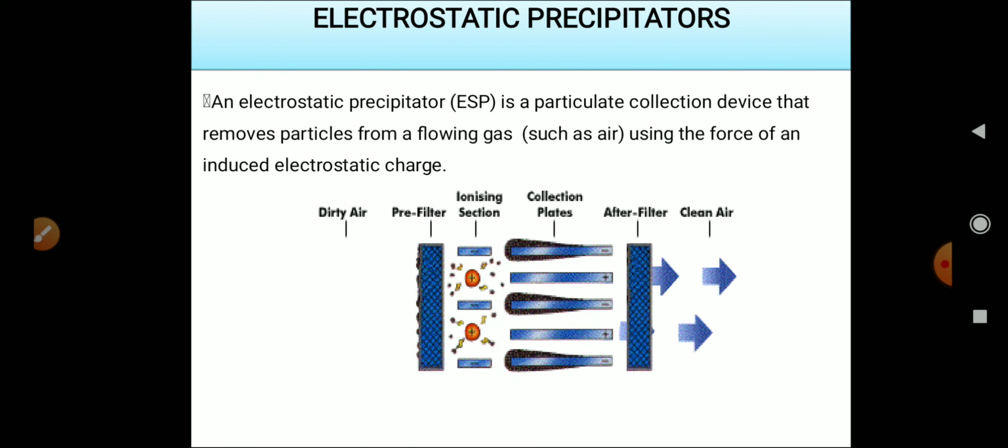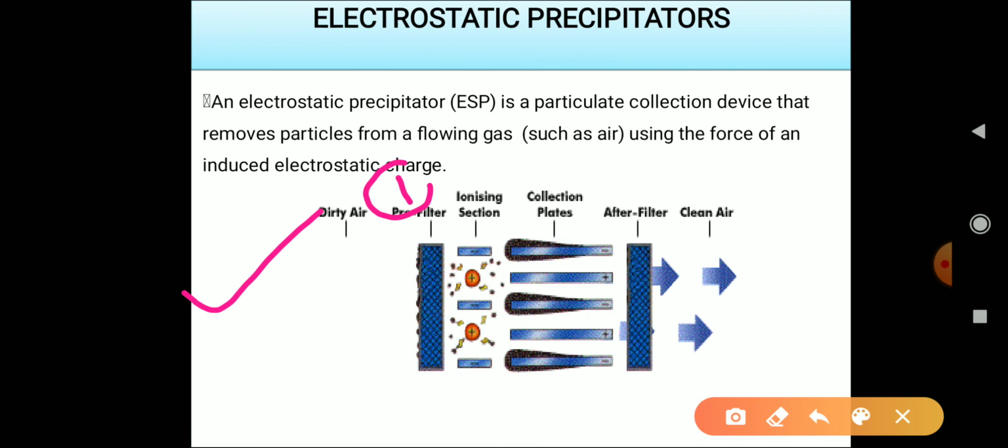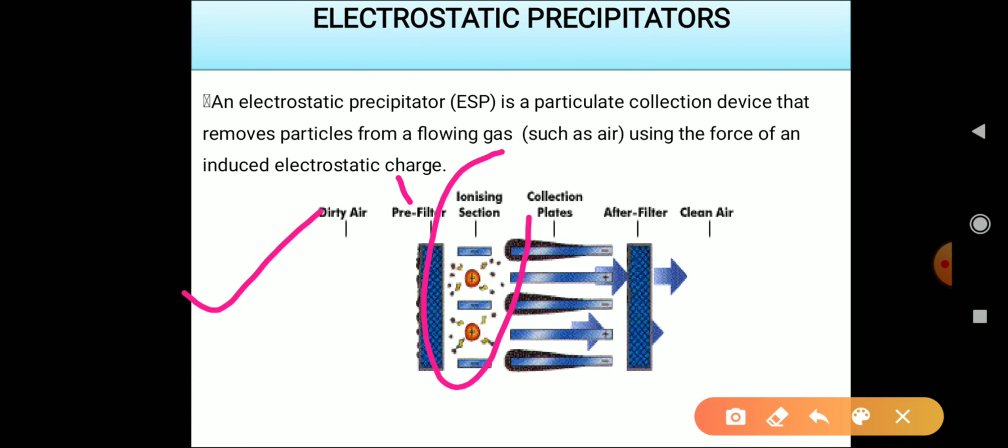See this, dry air is entering. It is at the single stage. First step, it is the pre-filter. This is your ionizing section. Every hot particle has, or can be given, a positive or negative charge.